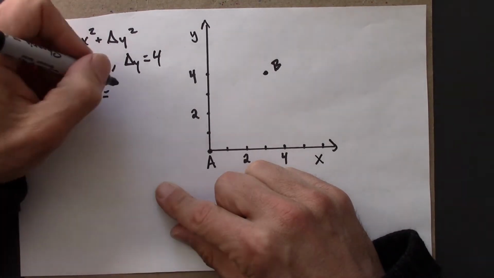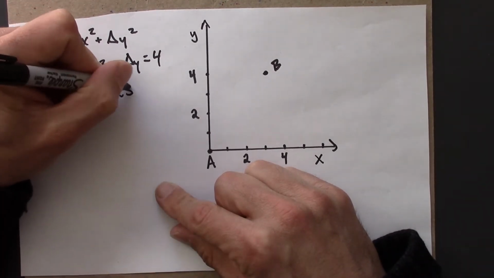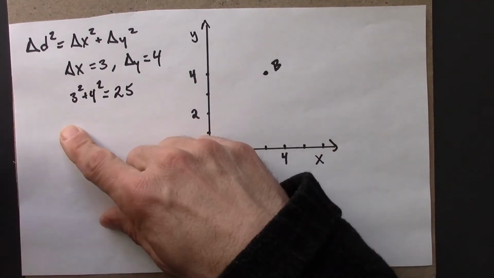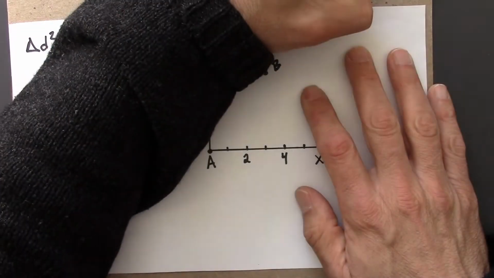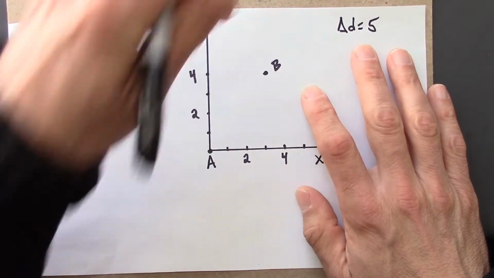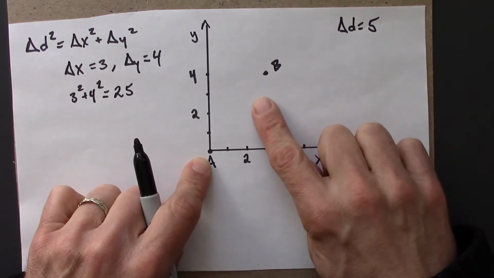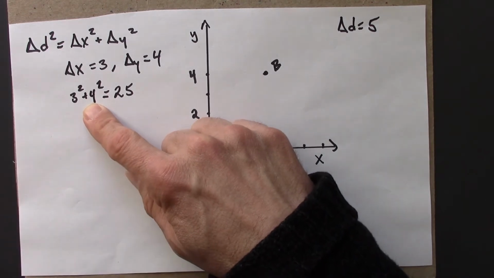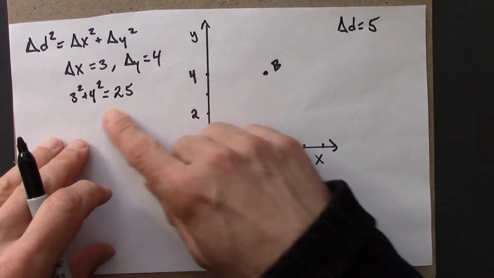That's 9 plus 16, which is 25. And so delta d is 5. So I'll put this over here. Delta d is 5. That's the distance between these 2 points. And I'm using arbitrary units here. You could think of these as meters, or inches, or whatever.